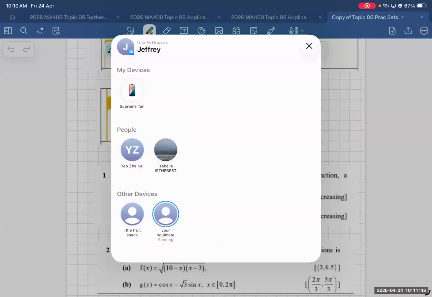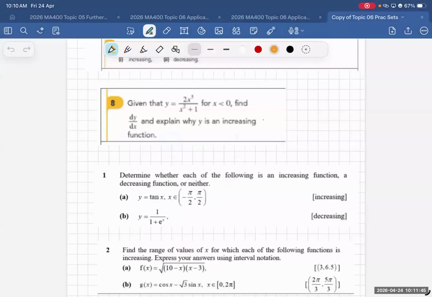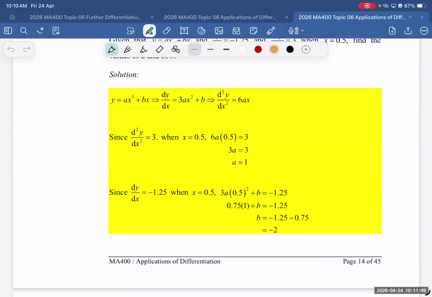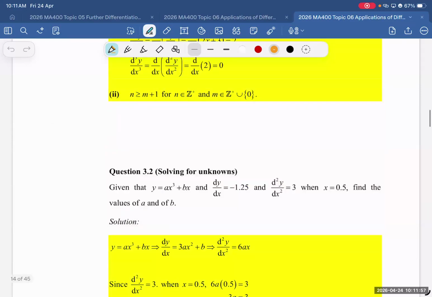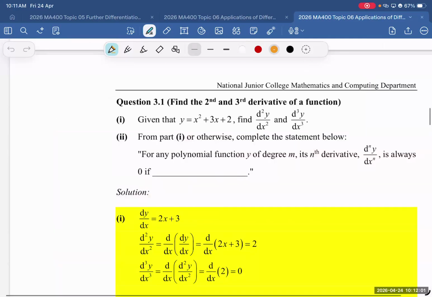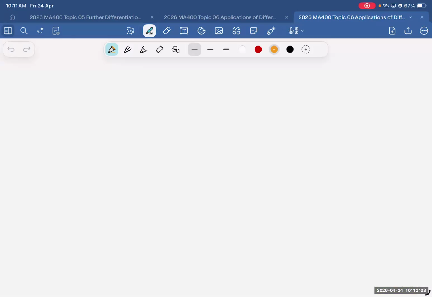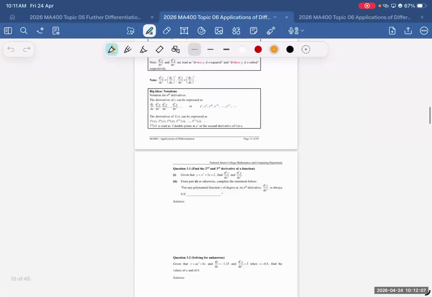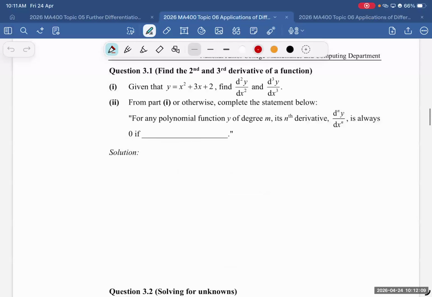Okay, can see now? y equals, so dy/dx is equals to 2x plus 3. What is the d²y/dx²? It is 2. What is the d³y/dx³? 0. Easy, huh?